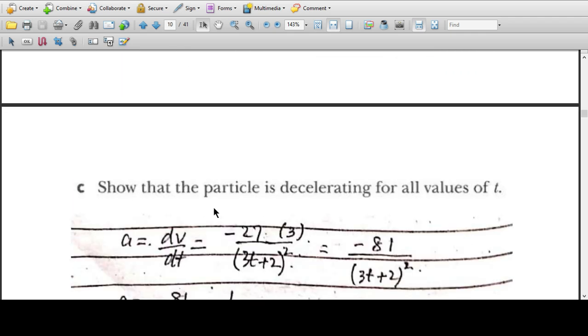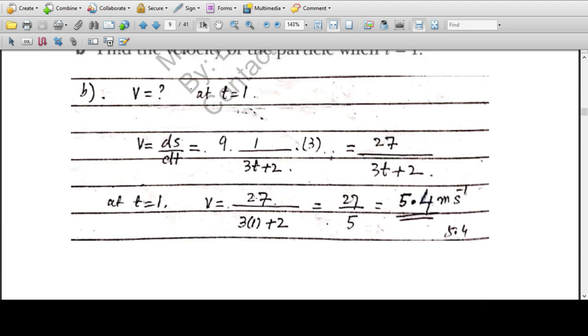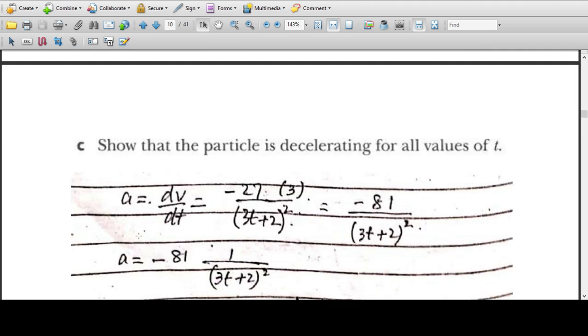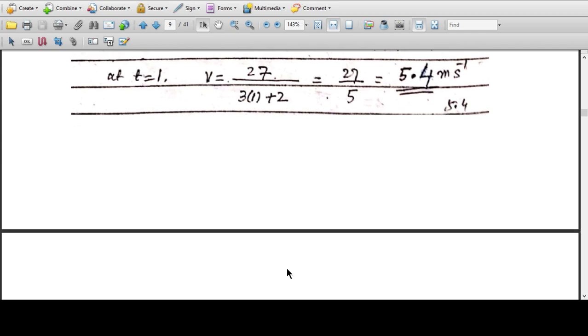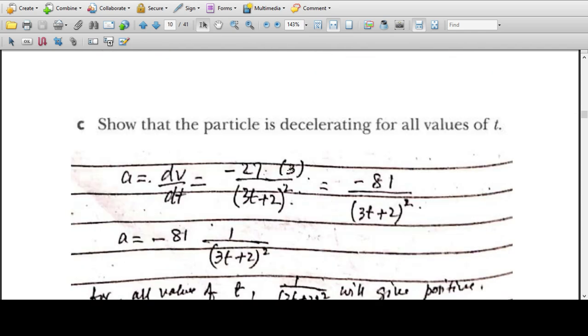And part C: show that the particle is decelerating for all values of t. So this is velocity, and we differentiate it once more to obtain the acceleration. Acceleration is dv by dt. On differentiating the velocity term, we obtain the acceleration as minus 81 divided by (3t plus 2) squared.